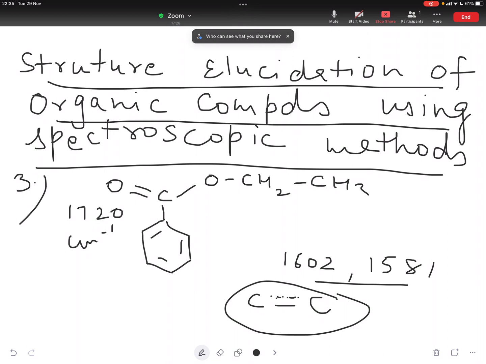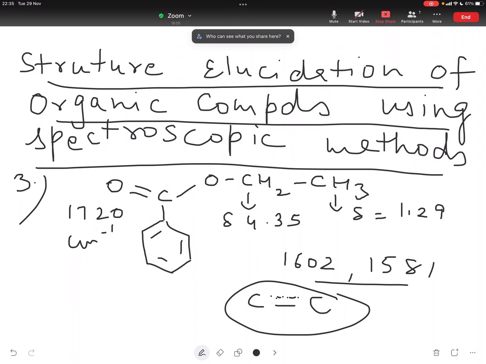Now we are to relate it with the NMR data. The triplet at delta 1.29 is due to 3 protons, and the quartet at 4.35 due to 2 protons is due to these CH2 protons.